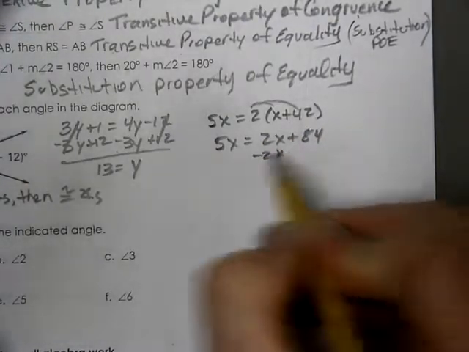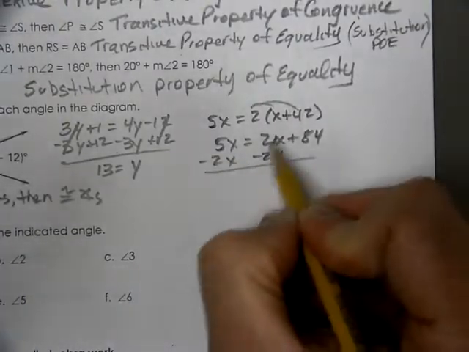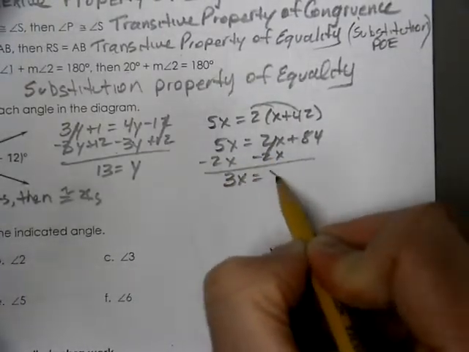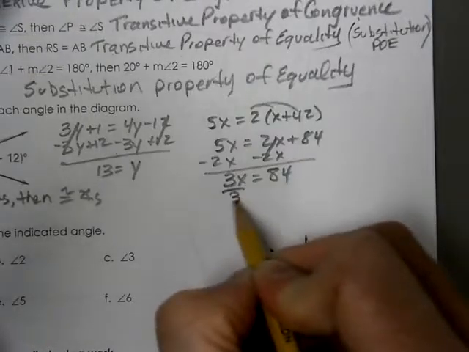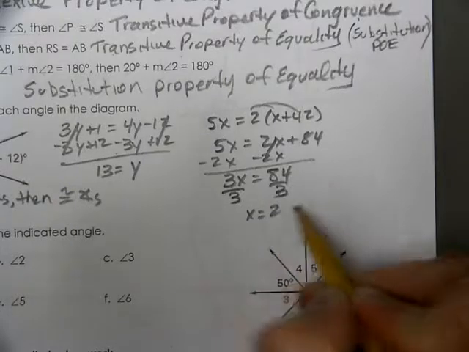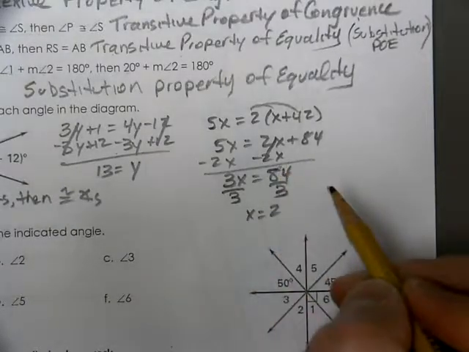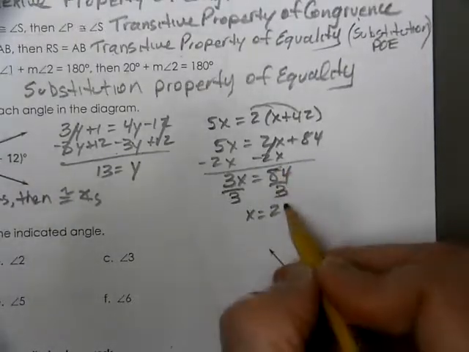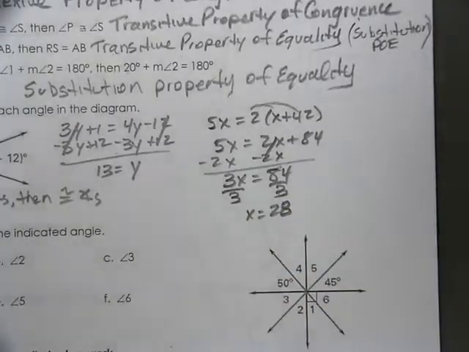And collect our like terms. Divide, division property of equality. 3 goes into 8 twice with 2 left over. 3 goes into 24 8 times.